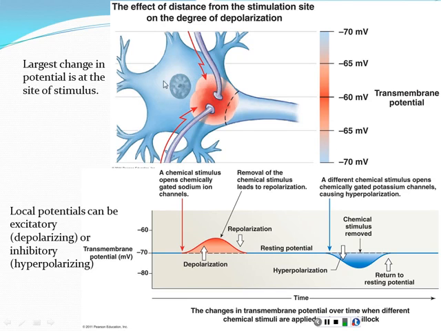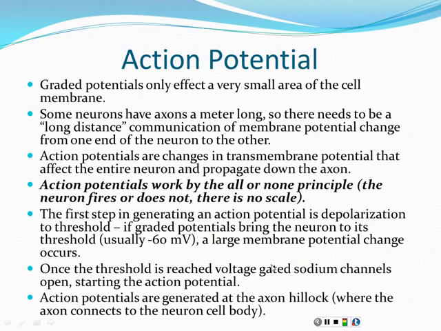And what happens is, depending on how they stack up, so to speak, if you have a response here and here, let's say they were both depolarizing. So this caused some depolarization, and then the other one did the same thing. Well, now instead of having a change like this, you'd have a change like this, a bigger change, and that would trigger an action potential. So graded potentials are what eventually trigger the action potential, and that happens at the axon hillock.